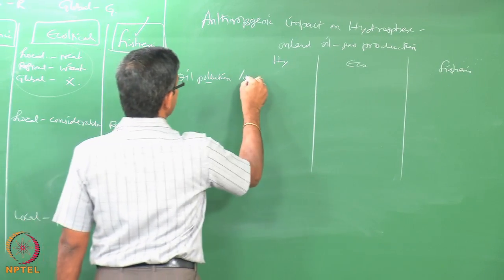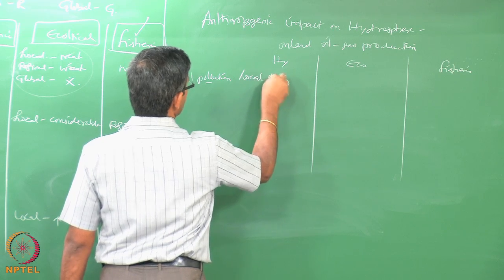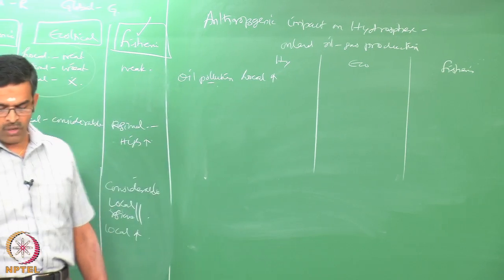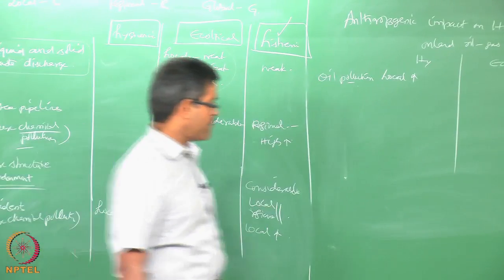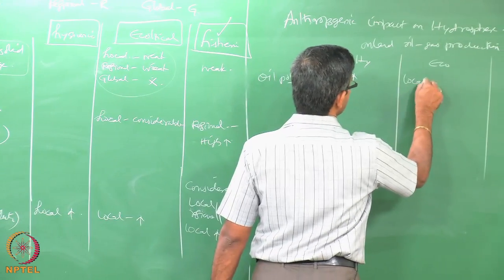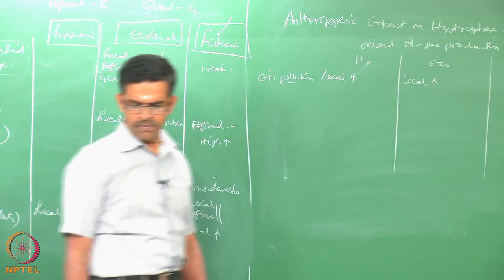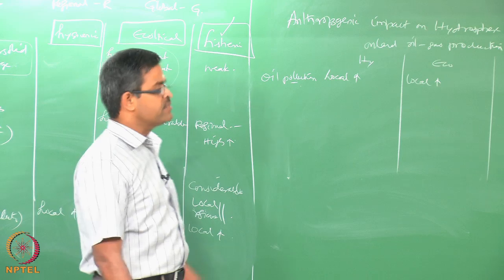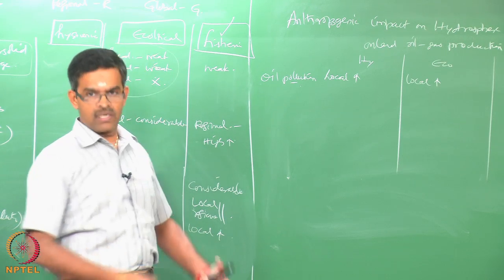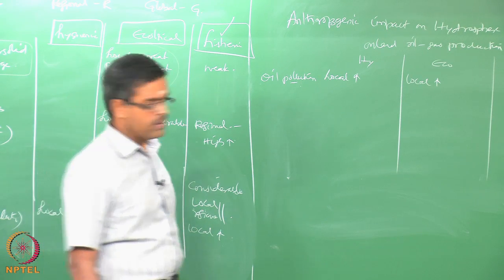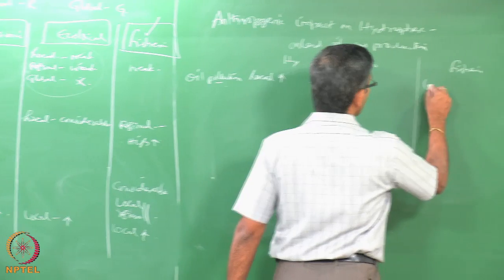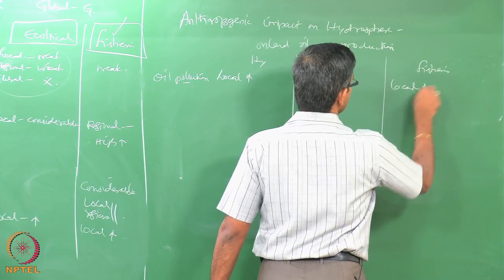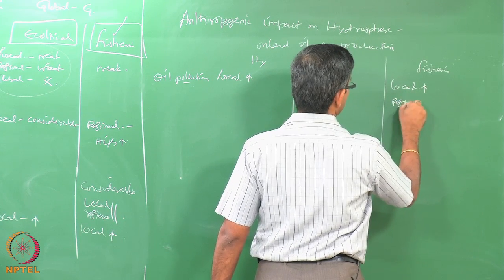Locally the damage is very high, where the oil pollution is being notified. It affects locally the ecological disturbance of the system very significantly. It does not spread to the region, it does not spread globally at all. However, in the fisheries sector the local impact is significant, it also has a regional impact.